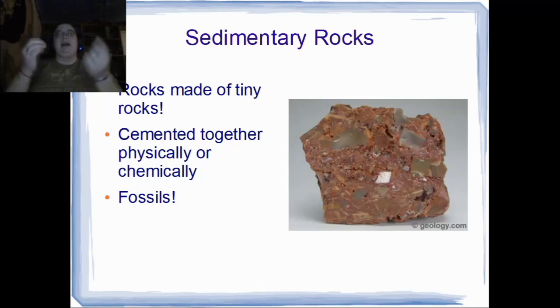I live near Niagara Falls, and the capstone to Niagara Falls is dolostone. It is completely sedimentary, but it will crack an 8-pound sledgehammer. These rocks are very hard to get through, but they also tend to be very fossiliferous. Most of the time, their fossils are microscopic, though.